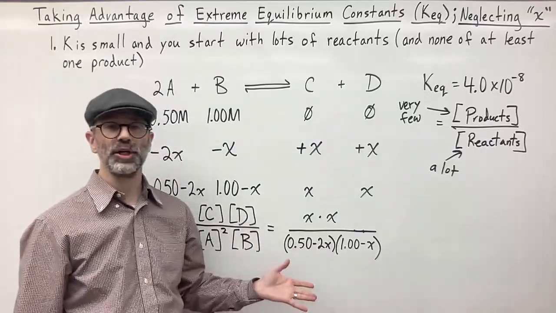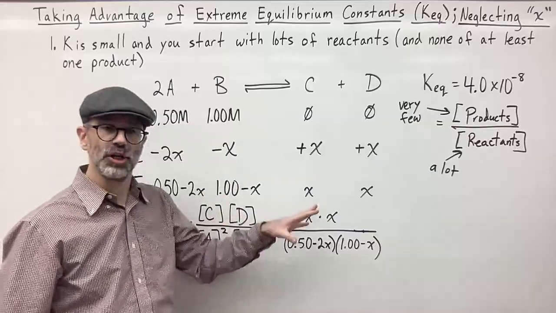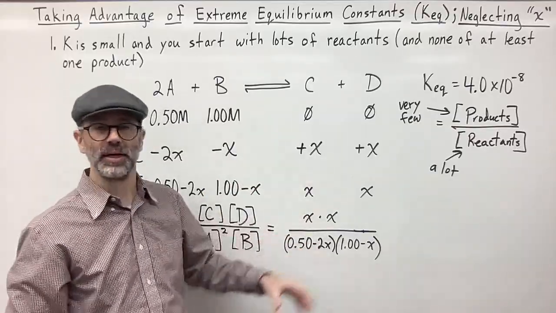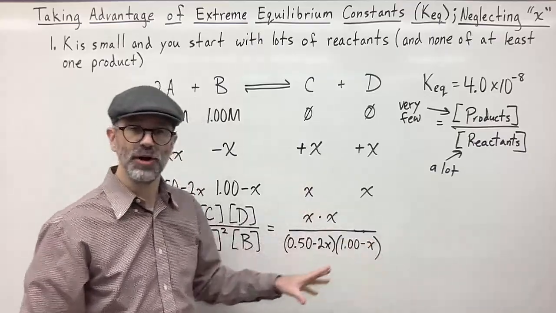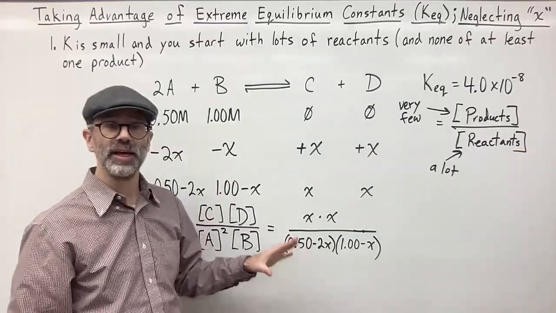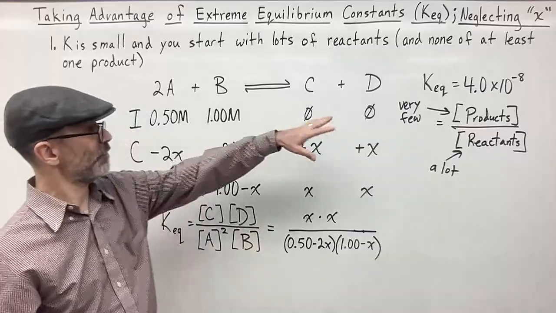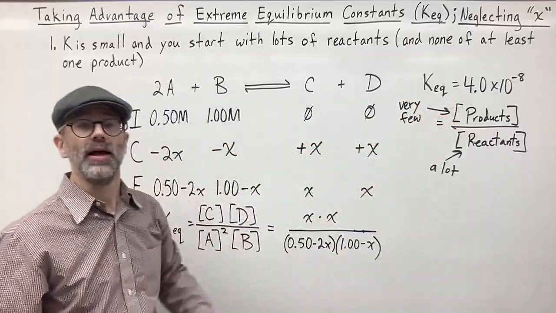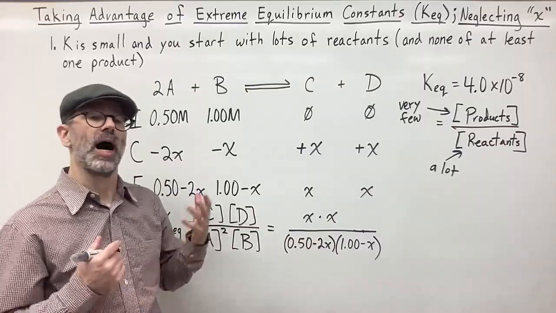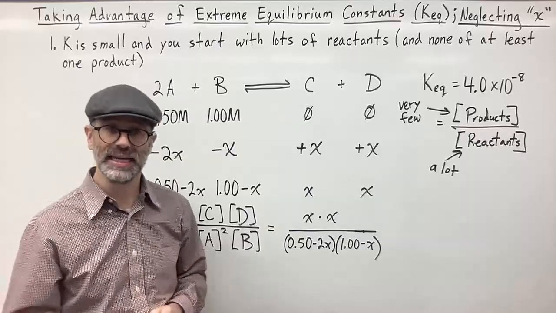So now normally what you would do at this point is you would jump in and start solving this equation, getting X to one side, maybe having a quadratic formula of some sort. But if we think about the situation we're in, with regard to the fact that KEQ is small, and that we're not going to produce very much product, we can simplify this expression to make the calculation a lot easier.